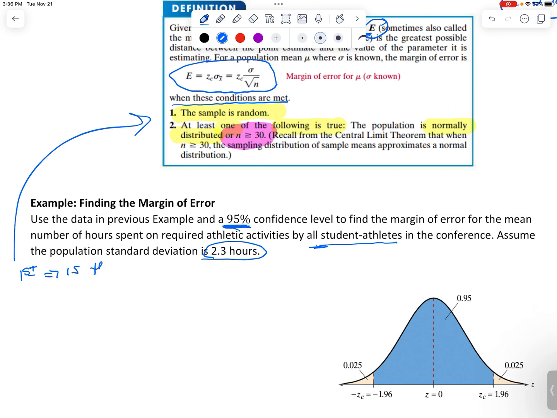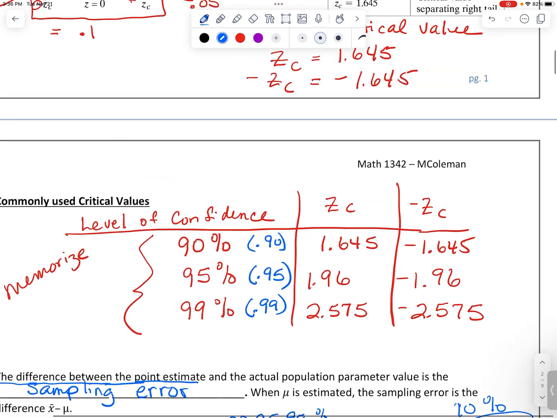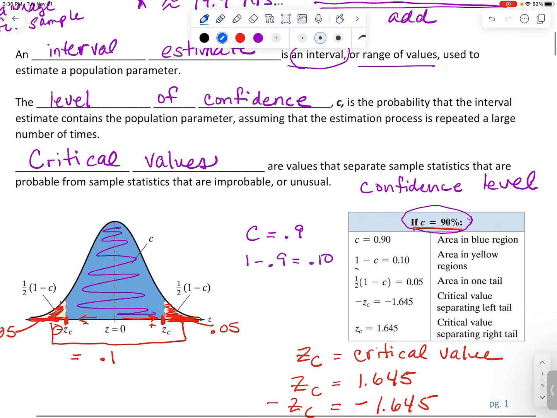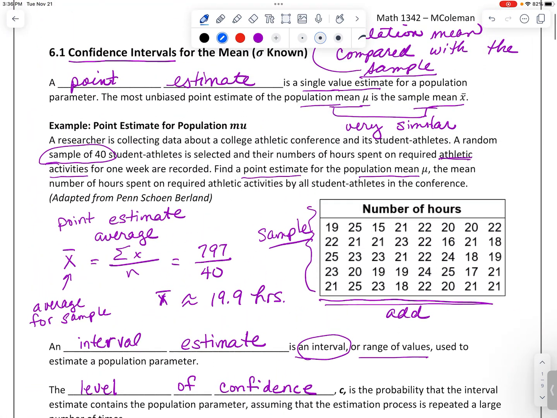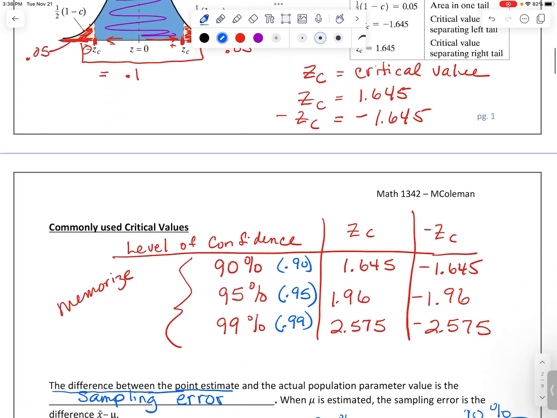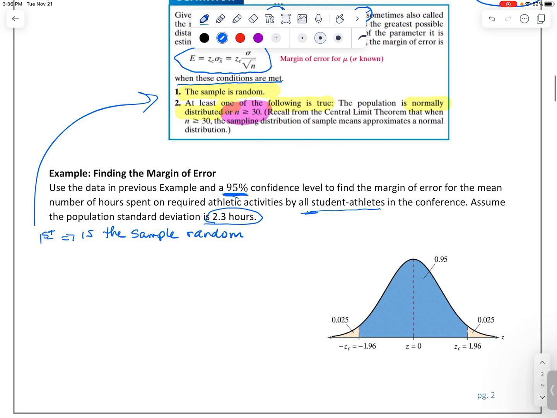Is the sample random? Let's go back to our problem before, and it says in our problem that this is a random sample. So the answer is yes. That's a good thing.